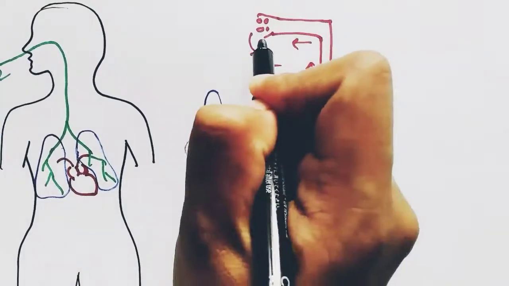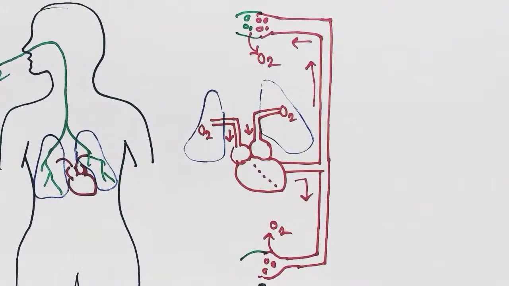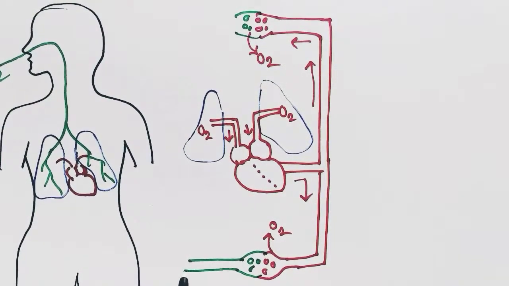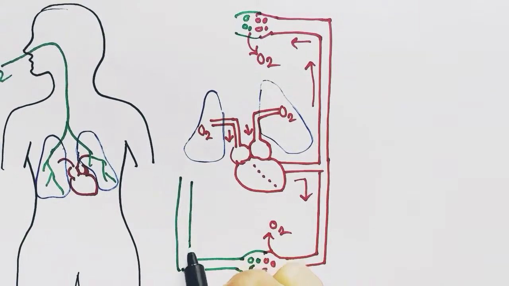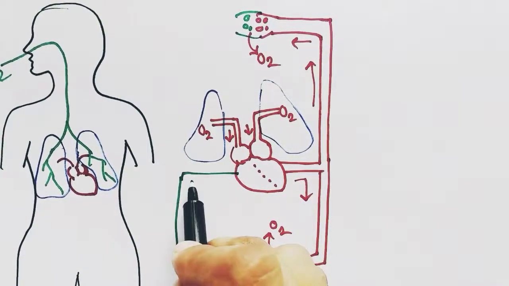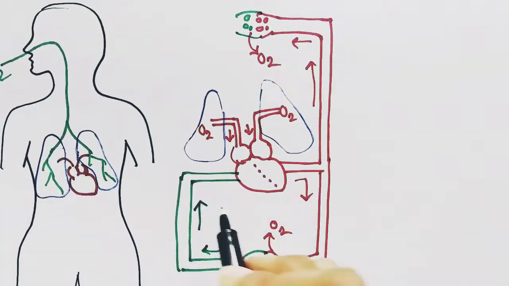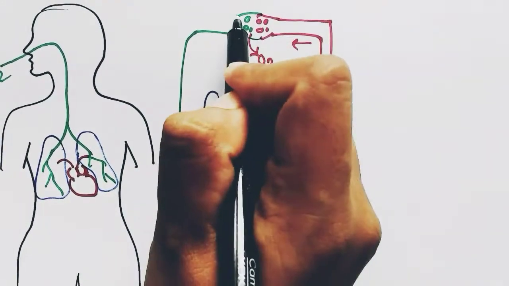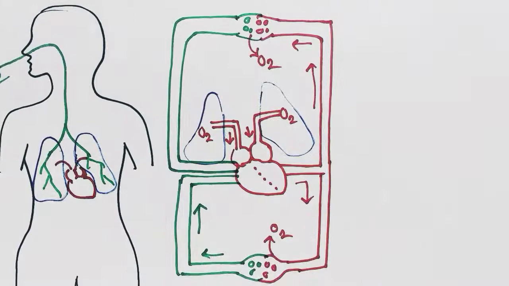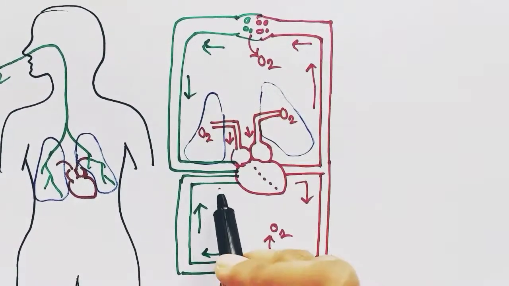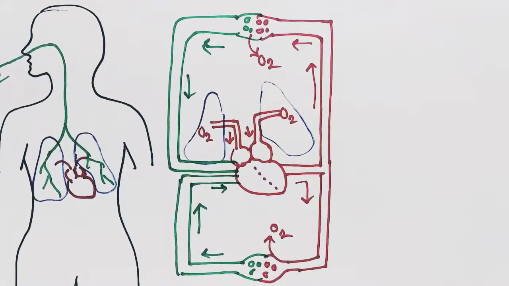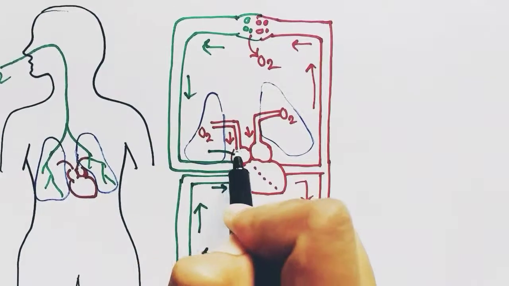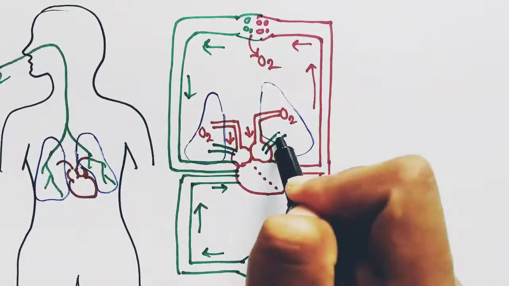And the deoxygenated blood will return back to the heart. And after that, the heart will pump the deoxygenated blood towards the lungs to get some oxygen from the lungs.